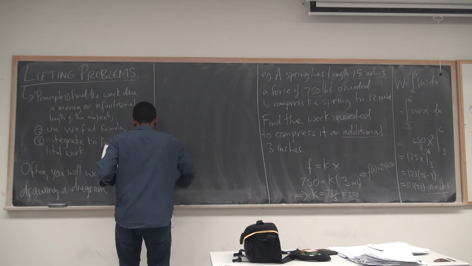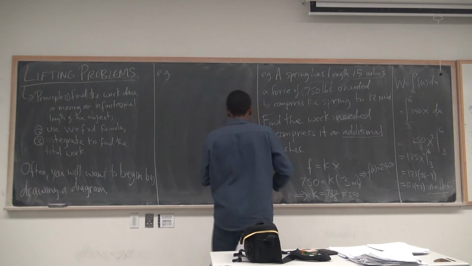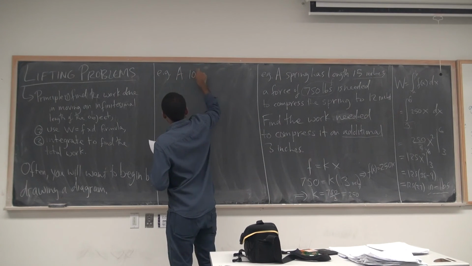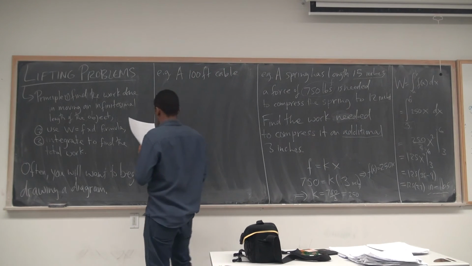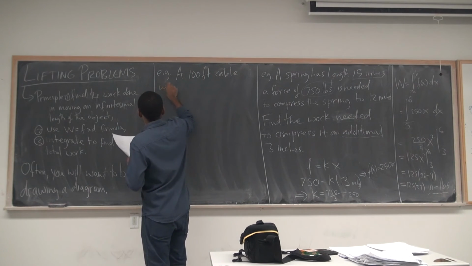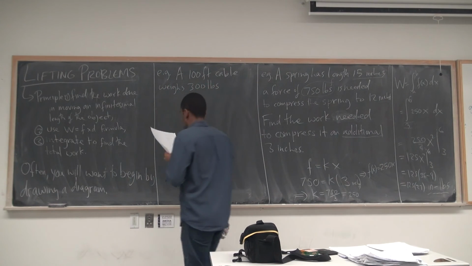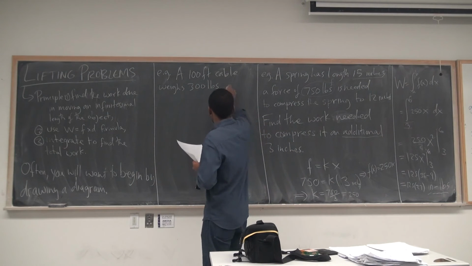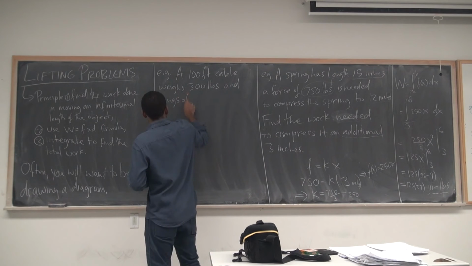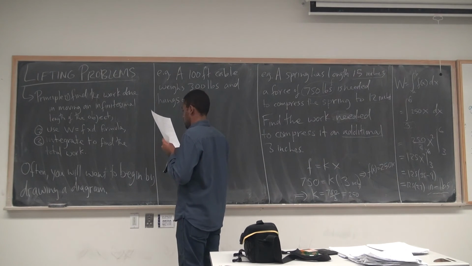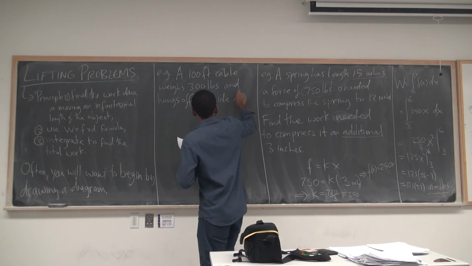So let me do an example, so you can see what a lifting problem might look like. A 100-foot cable weighs 300 pounds. It's a big metal cable and hangs off the side of a building.